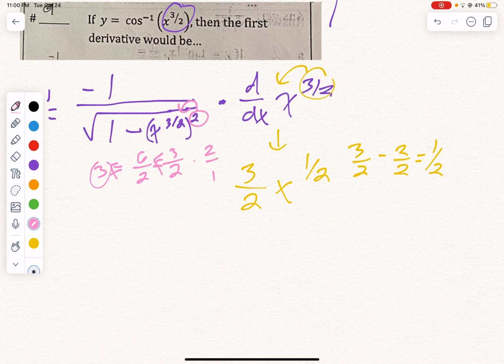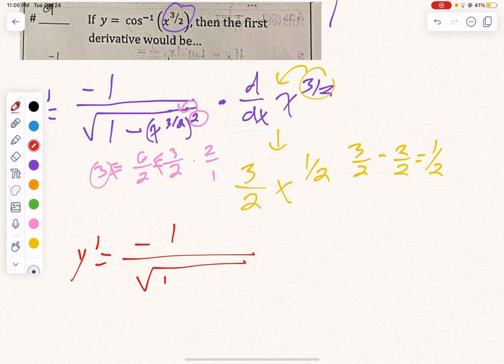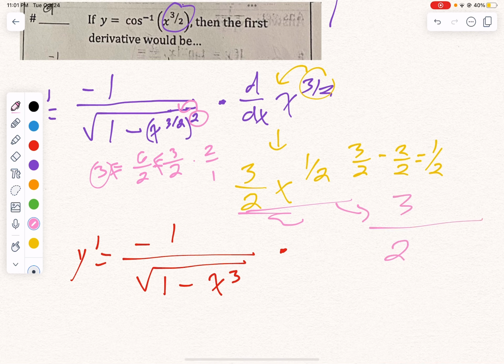And that would end up being y prime equals negative 1 over the square root of 1 minus x to the 3rd, times 3/2 x to the 1/2. This can be rewritten as 3 over 2 times the square root of x.